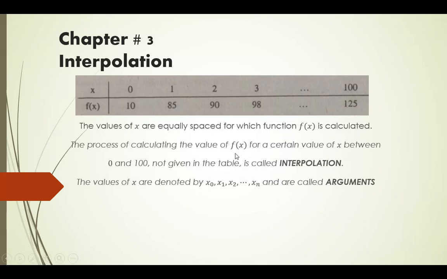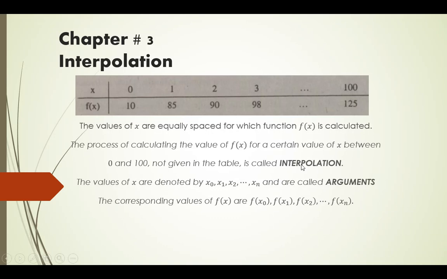So the process of calculating the value of f of x for a certain value of x between 0 and 100, somewhere here, but not given in the table, that value of x not given in the table, for example 2.5, this process is called interpolation.